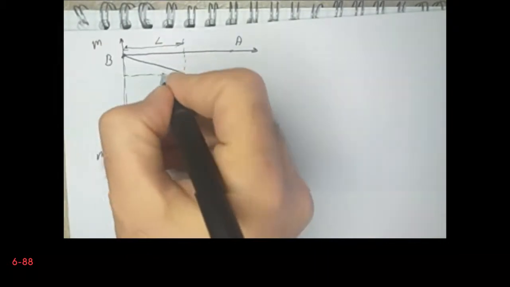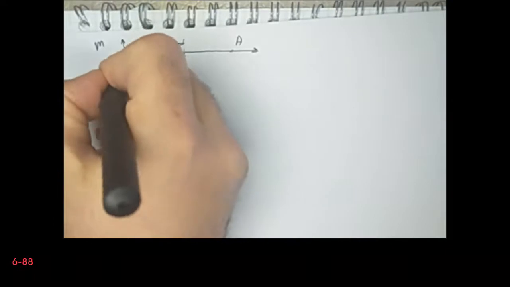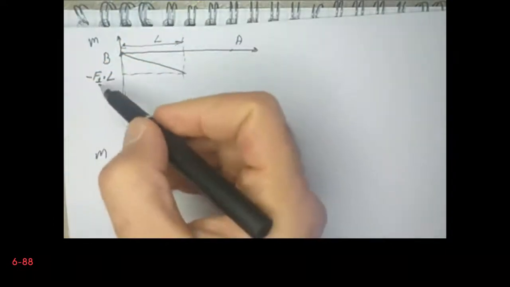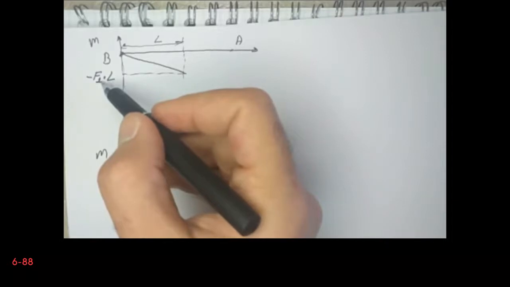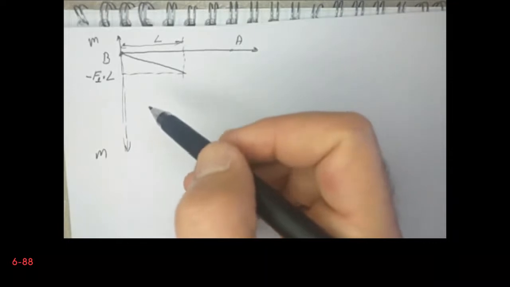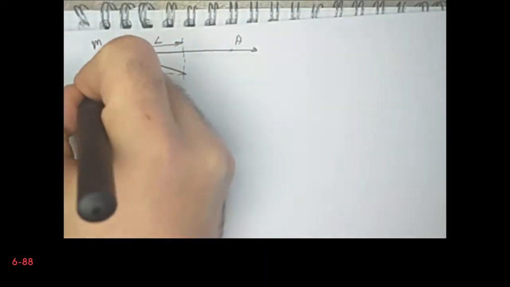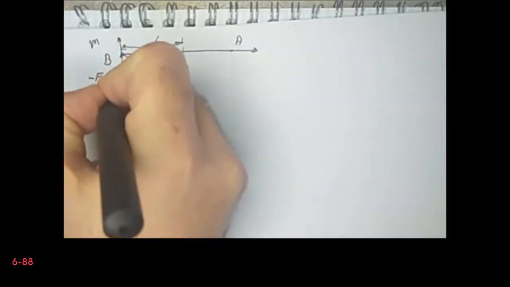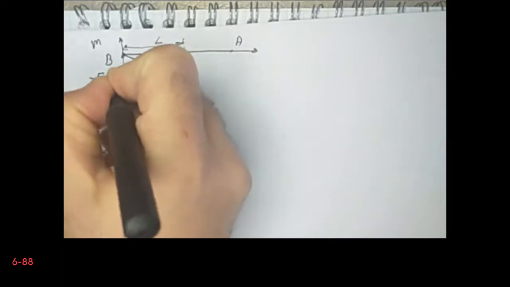So the value here is minus F1 multiplied by L. So remember that L is 2.5 and F1 is 6 kilonewtons, so it is 15 kilonewton meters here. Okay.